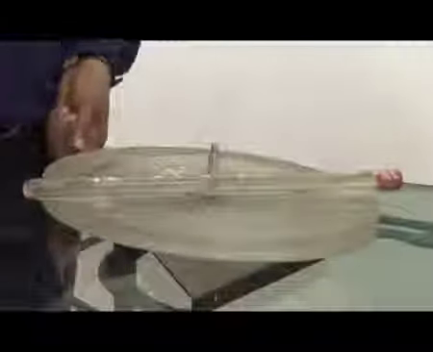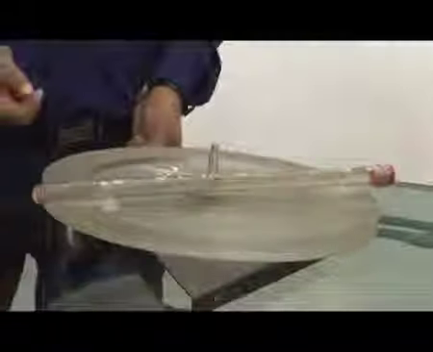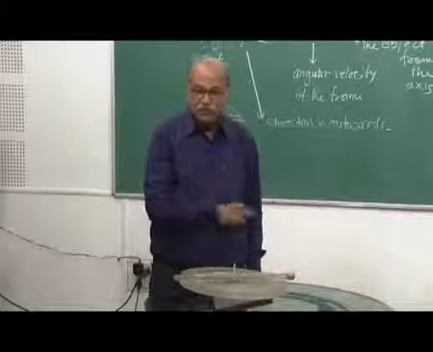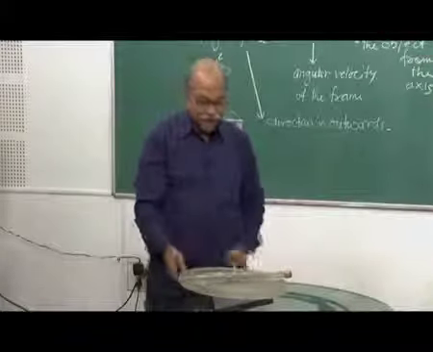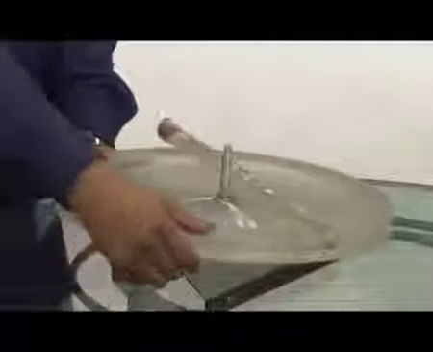You can see a particle here, a particle here, everywhere it is distributed along the length. Now I will rotate it, and you see what happens to the foam particles and what happens to the stone particles. Okay, so let me give it a rotation.